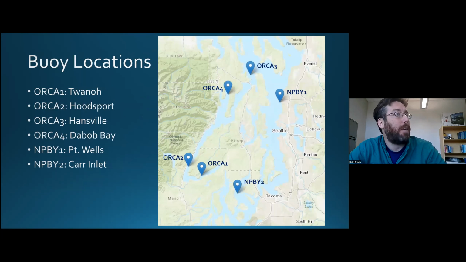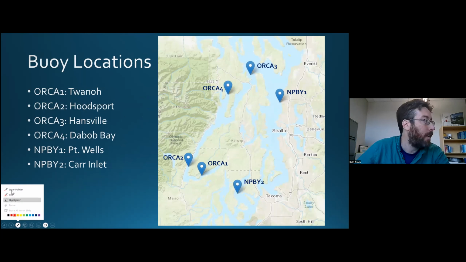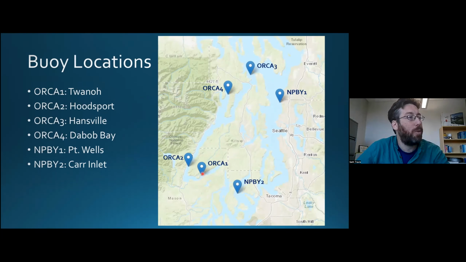We have 6 buoys out there operational right now. There's the, let's see, we've got the Toano buoy, the Hoodsport buoy, the Hansville buoy, Dabob Bay, Point Wells, and Carr Inlet.